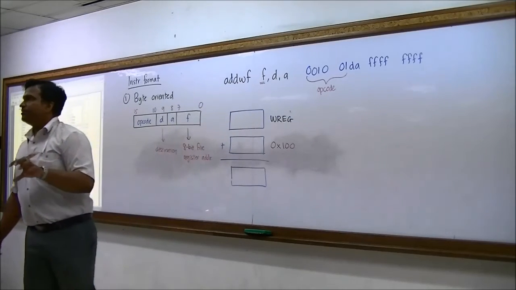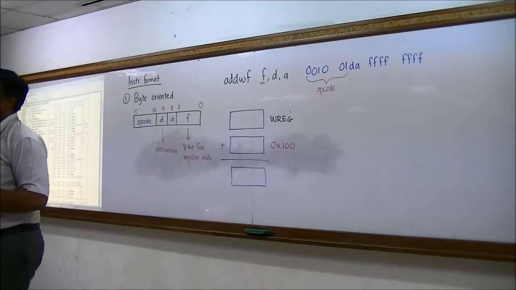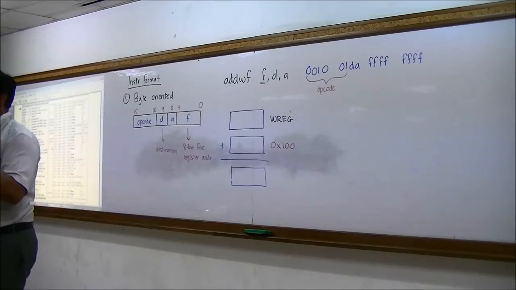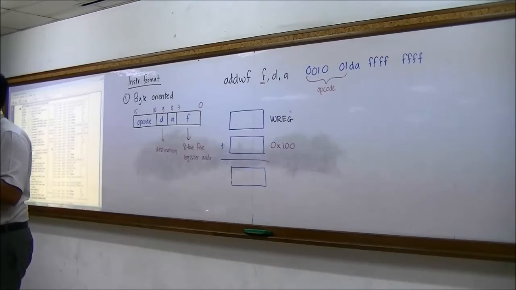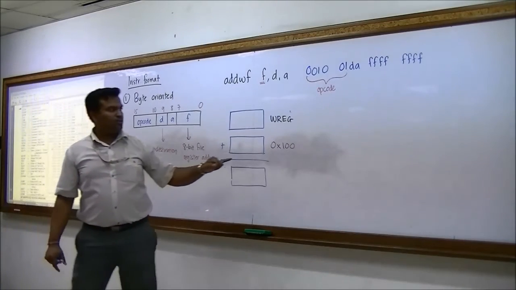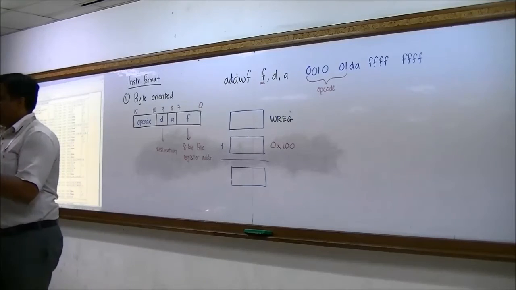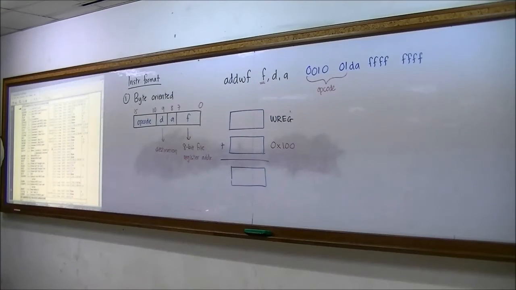Do you get it? So now, this instruction ADDWF is adding the content of the working register and the content of a file register, any file register. In this case, we have chosen the file register to be hex 100. Now the same thing, when we want to add those two contents, we need to provide the address of both.